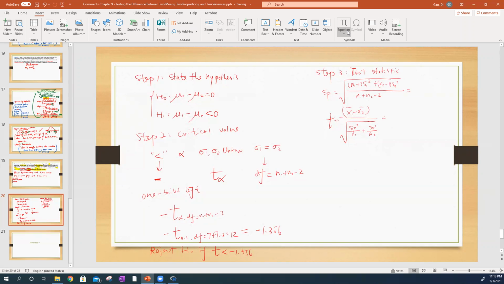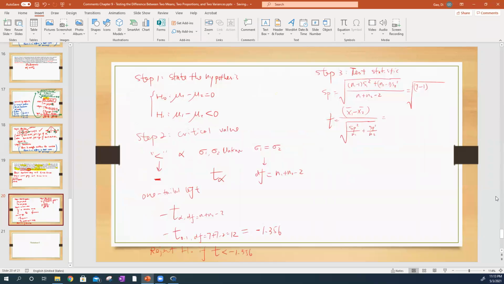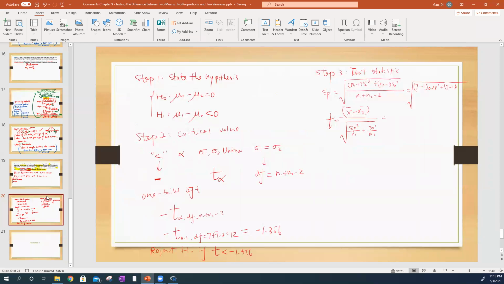So plug in, right? So n1, that's 7 minus 1, times s1 squared, that's 0.28 squared, plus 7 minus 1 times 0.32 squared, and divided by 7 plus 7 minus 2.